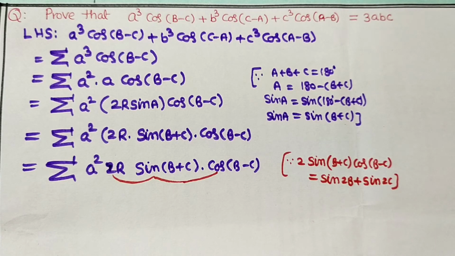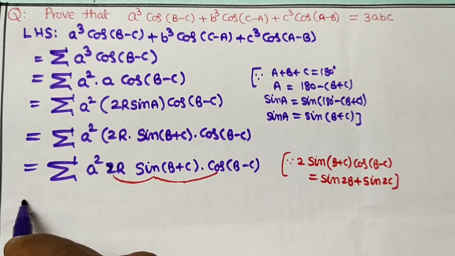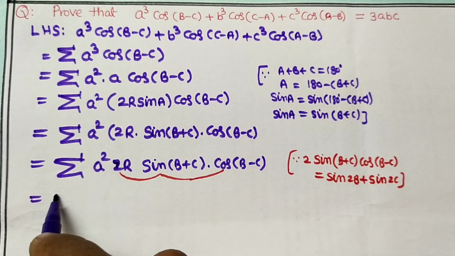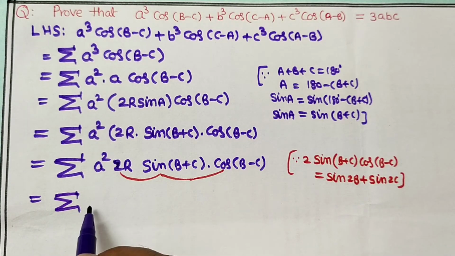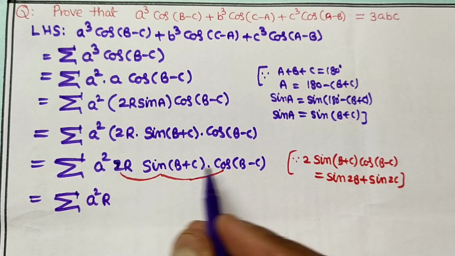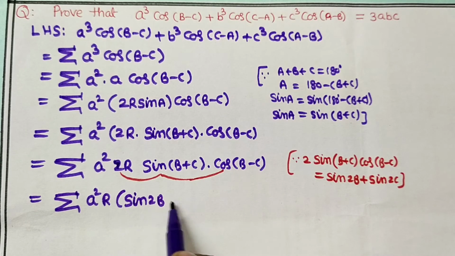So in place of that, you have to replace it with sin 2b plus sin 2c, which is equal to sigma a square into capital R. In place of 2 (sin(b+c) cos(b−c)), we can write sin 2b plus sin 2c.